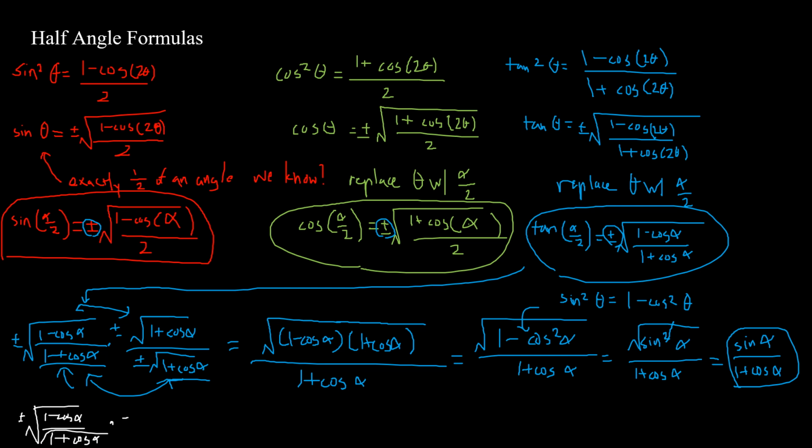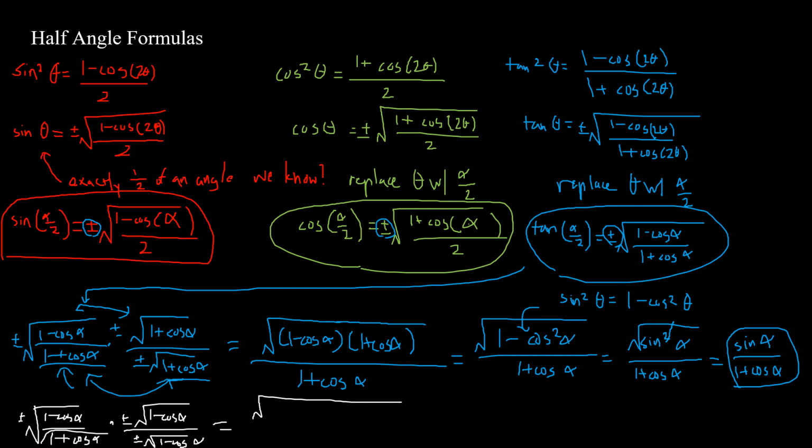So let's multiply this by plus minus 1 minus cosine alpha over plus minus 1 minus cosine alpha. And again, the signs are just going to cancel out, because positive times positive is positive, negative times negative is also positive. So no matter what sign you choose, you're just going to get a positive radical, or positive numerator and denominator.